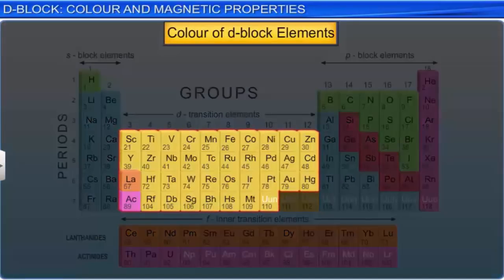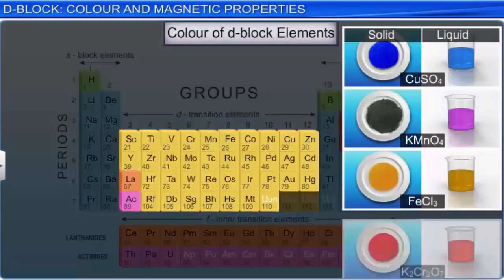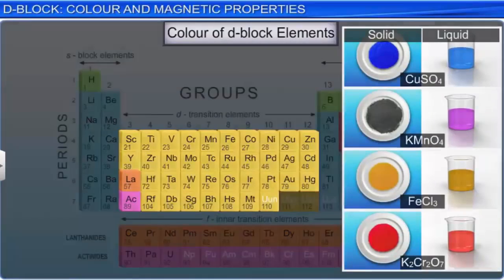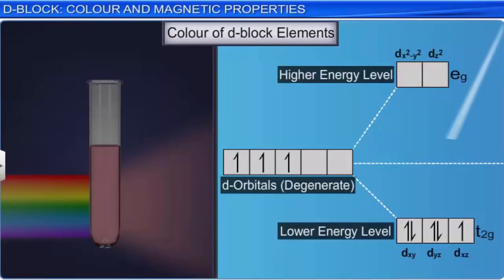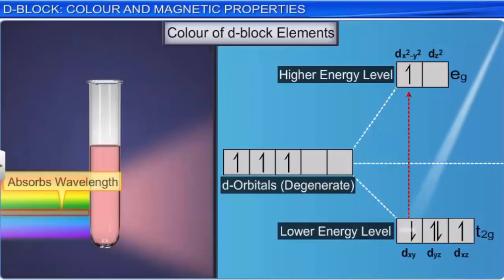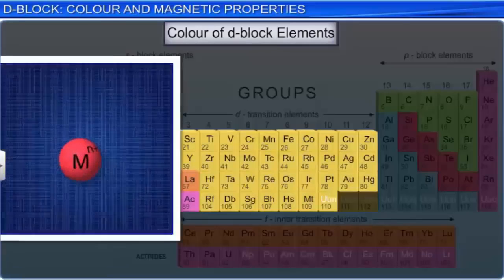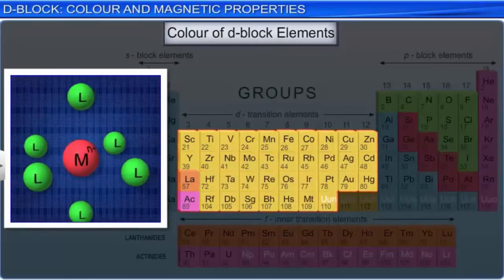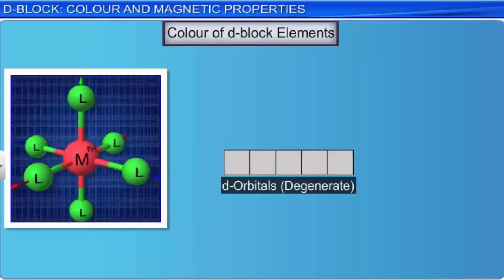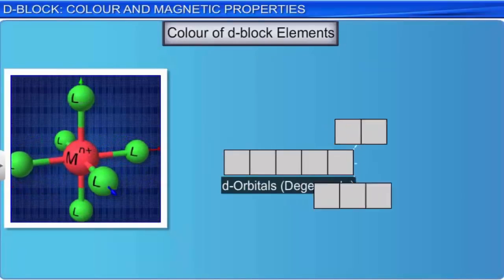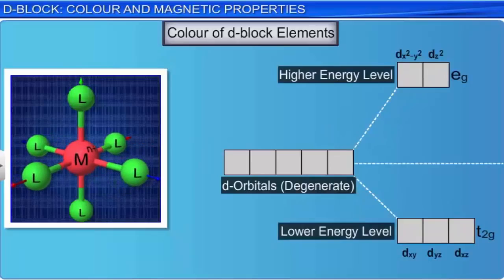Most d-block metal compounds are colored in their solid or liquid states. Color is associated with the ability of a compound to promote an electron from one energy level to a higher energy level. In the case of transition metal ions, under the influence of ligands, the degeneracy of the d orbitals is lost and they separate into two distinct energy levels.